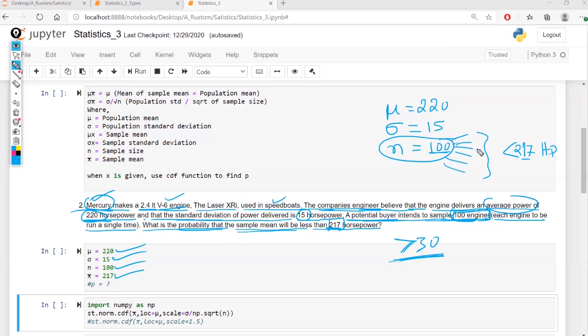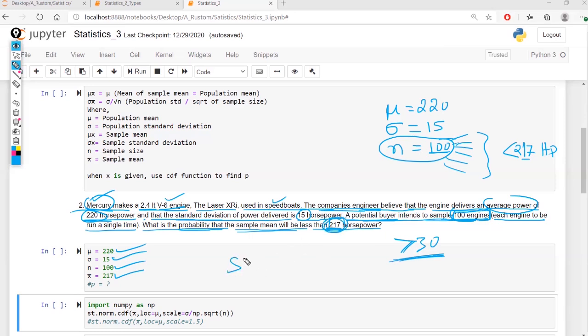If the sample mean horsepower is less than 217, what is that probability? So that is the problem statement. Again, we are falling back onto the same kind of formula with a little tweak in it. All right. So now, again, X is given here, right?